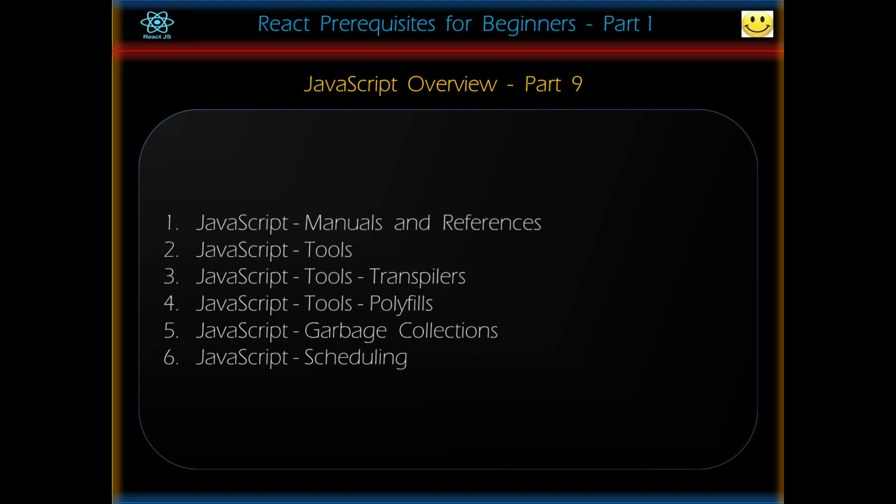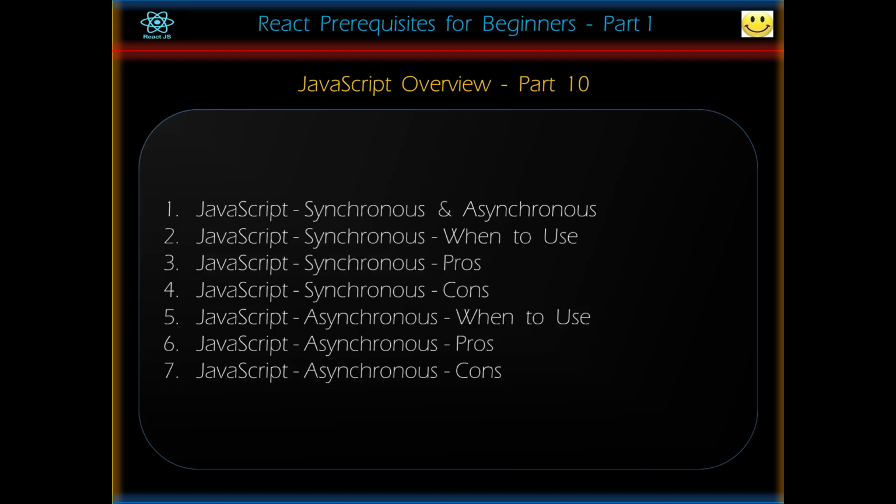In the next lecture, JavaScript overview, part 9. In this lecture, we will learn about manuals and references, tools, tools transpilers, tools polyfills, garbage collections, scheduling. In the next lecture, JavaScript overview, part 10. In this lecture, we will learn about synchronous and asynchronous, synchronous when to use, synchronous pros, synchronous cons, asynchronous when to use, asynchronous pros, asynchronous cons.